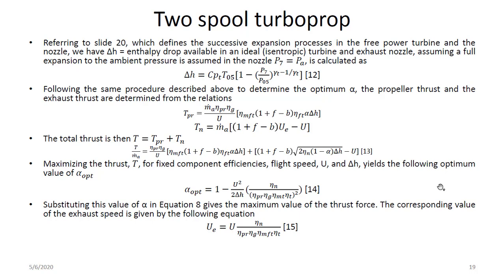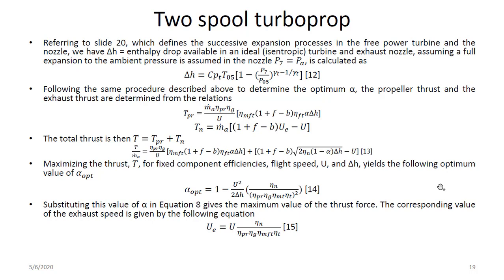And if you maximize the thrust for fixed components, so to maximize the thrust, in equation 13, you multiply by m_a, then you get the total thrust. Then you differentiate this thrust with respect to alpha and equate the result to 0.